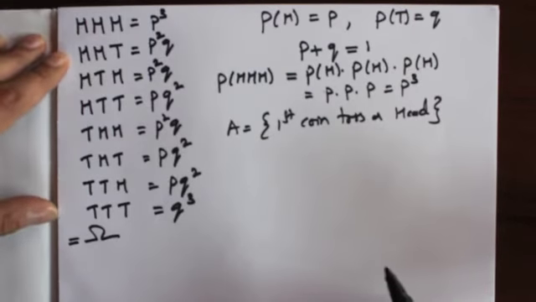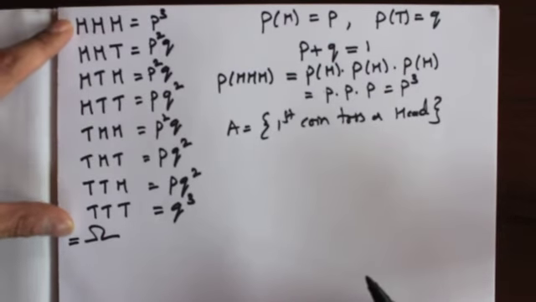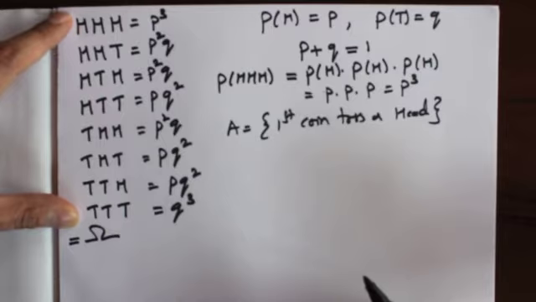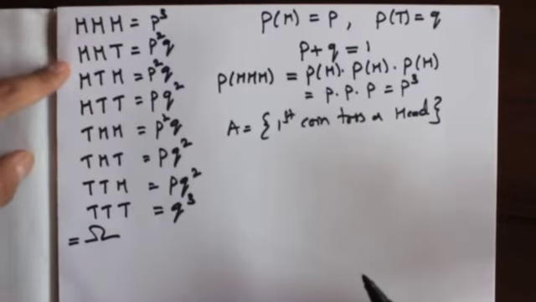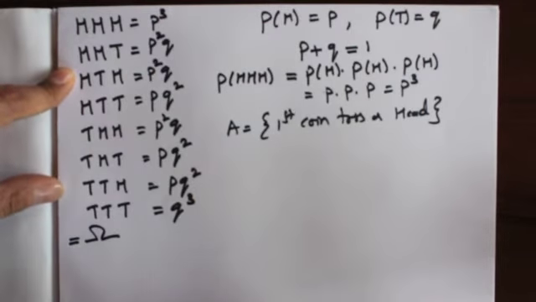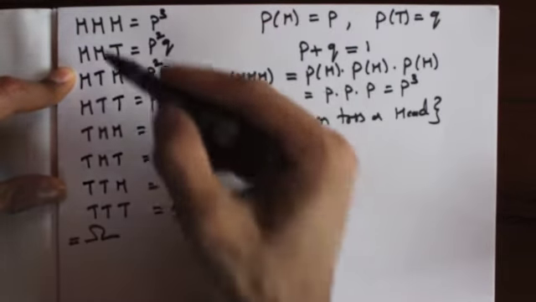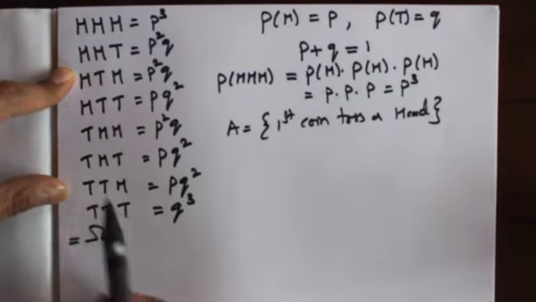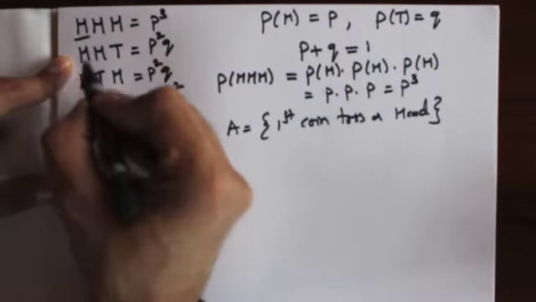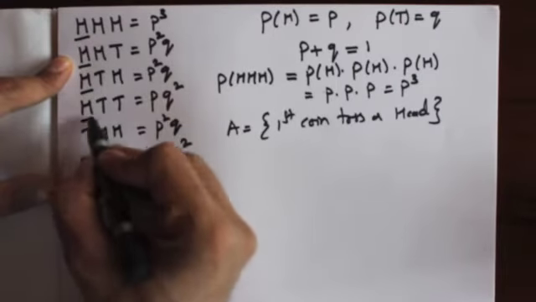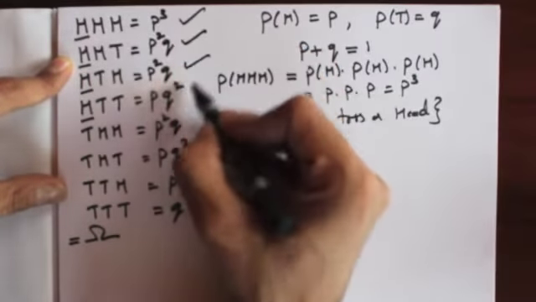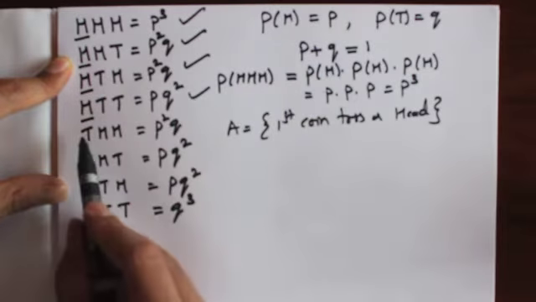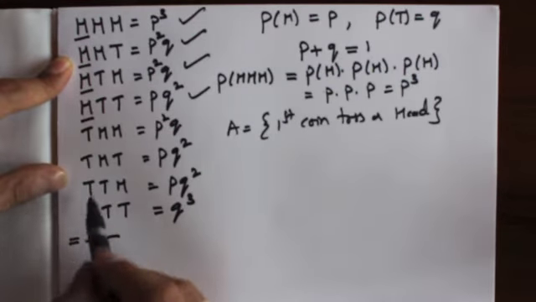Okay. So if you look at all our sample space, let's figure out what are the outcomes actually that result in head on the first coin toss. So we see 8 outcomes here. This is the first coin toss, this is the second one, this is the third one. So as we can see, we get a head in these 4 outcomes, okay, only, whereas the other 4 outcomes would give us a tail on the first coin toss.